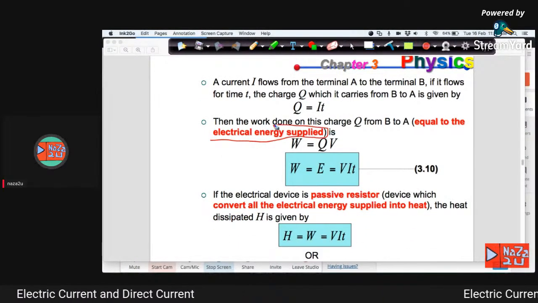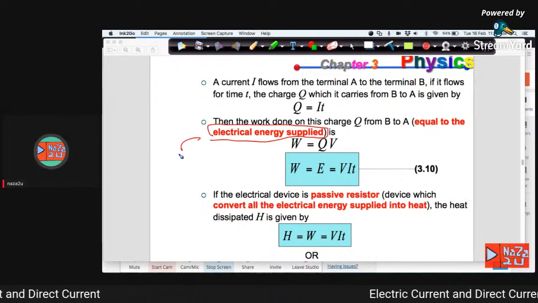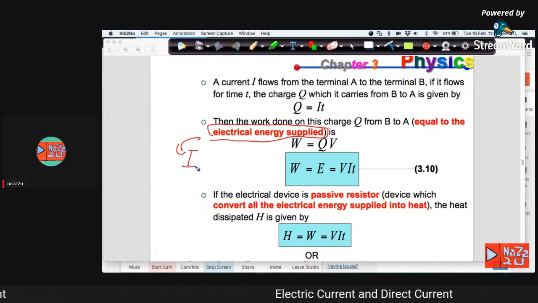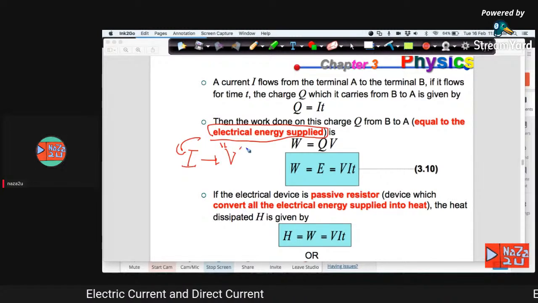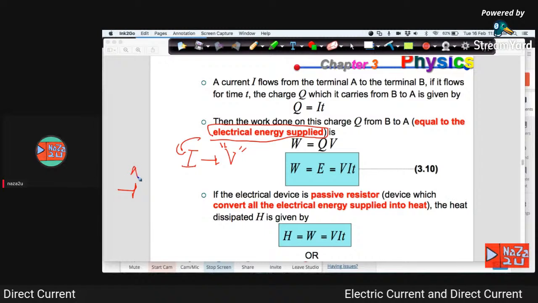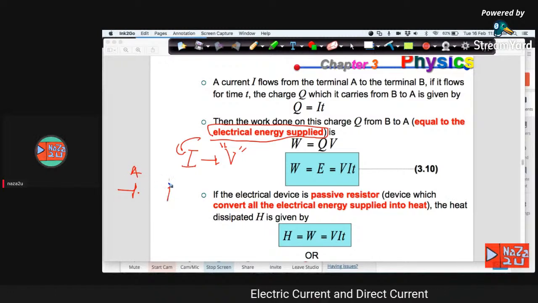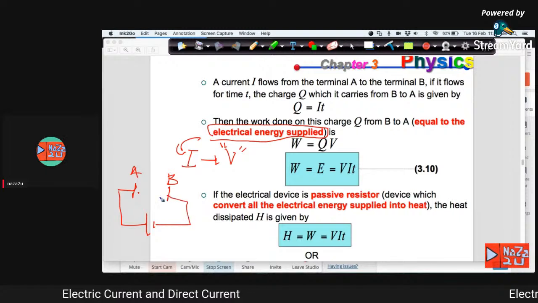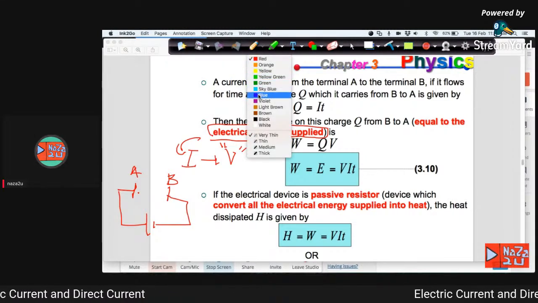Maksudnya electrical energy supply ni, current flow tadi, actually current flow tu berasal daripada mana? This is from battery. Kalau saya boleh ringkaskan balik kat sini, ini katalah A, ini B tadi kan. So this is battery.